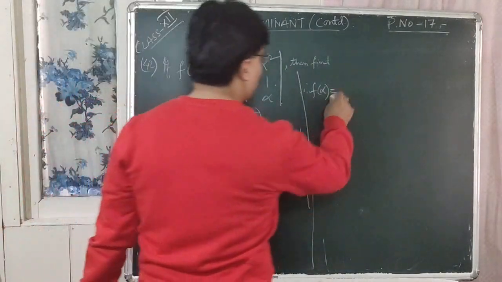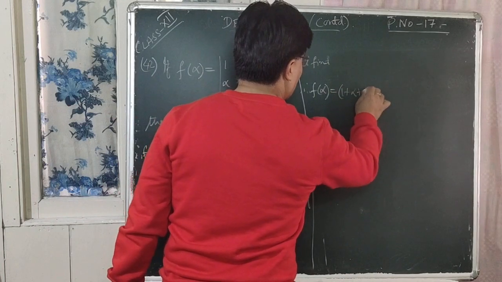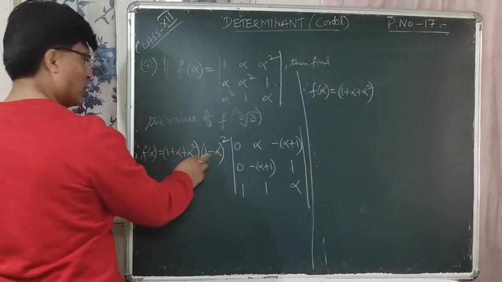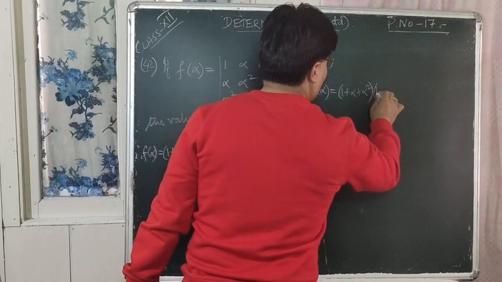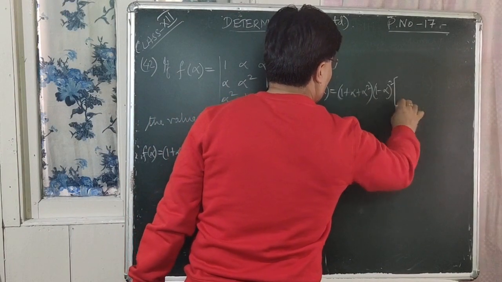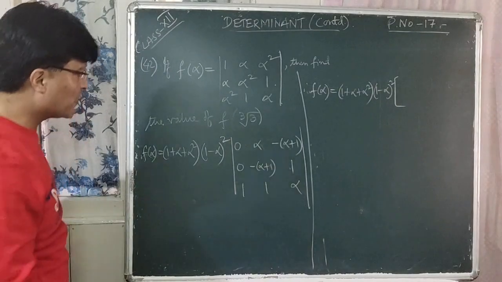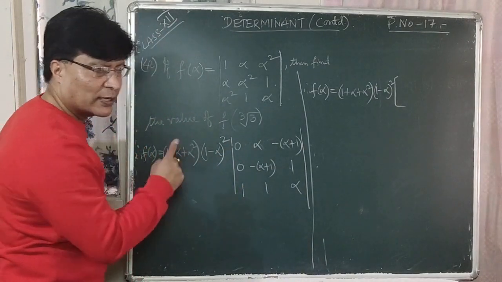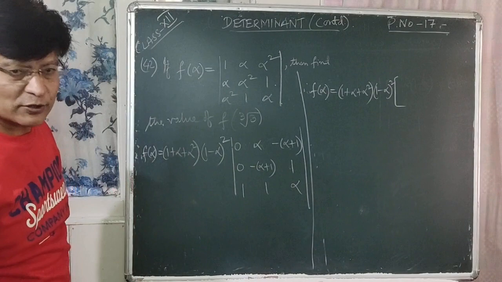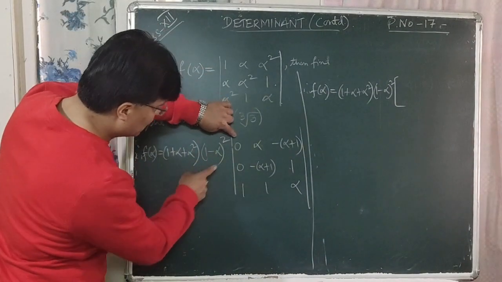It is 1 plus alpha square, then 1 minus alpha whole square. Now expand it, okay? So let us expand it with respect to the first column because there are 2 zeros in the first column, right? Let us expand it. What is the method?